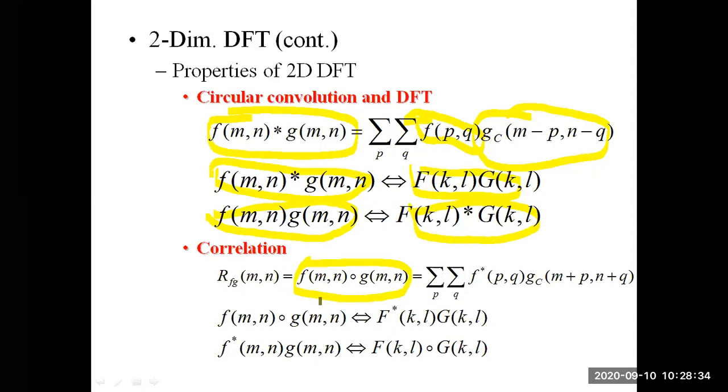So f of m comma n, this notation is called correlation or autocorrelation, given by f star of p comma q into gc of. By knowing the circular convolution, we can multiply with f star, the conjugate, and you will get the correlation. Here also there is a relation: the correlation of two spatial images is equal to the multiplication of the conjugate of your image into another image.